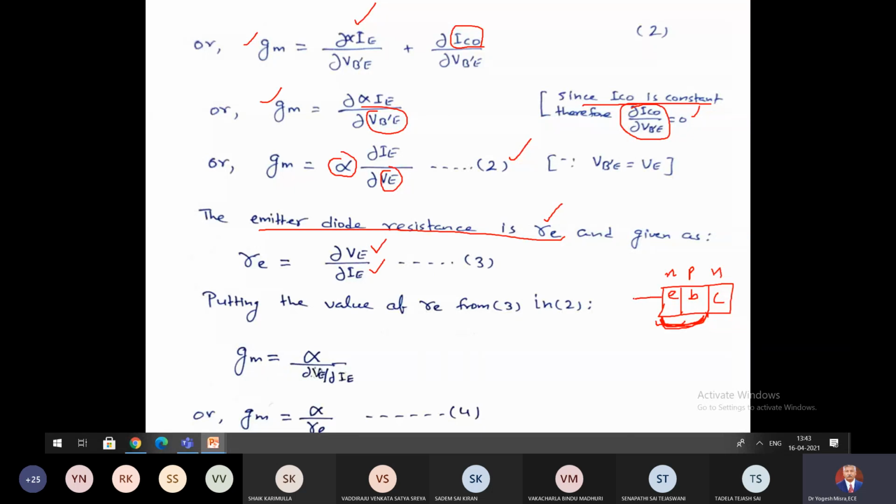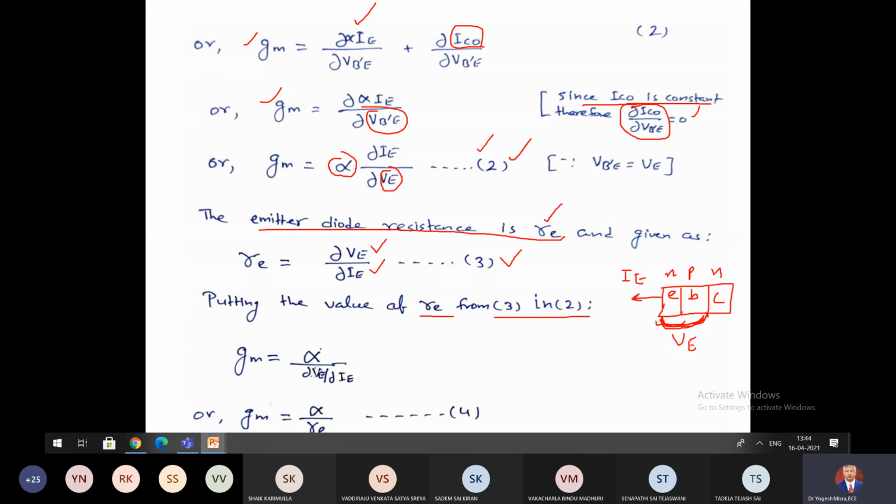Because here you see you will have the current IE, and the voltage between emitter and base will be VE. This is the voltage. So RE is del VE by del IE. Putting the value of RE from 3 in 2. This is the 3 and this is the 2.